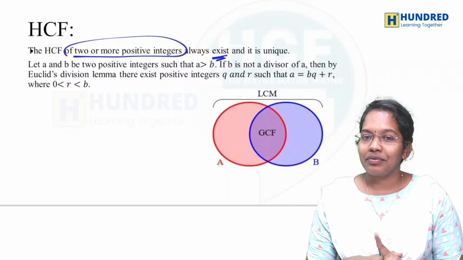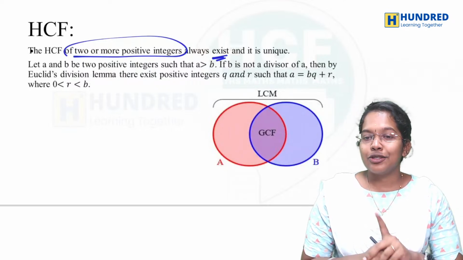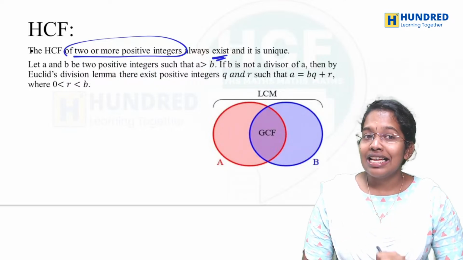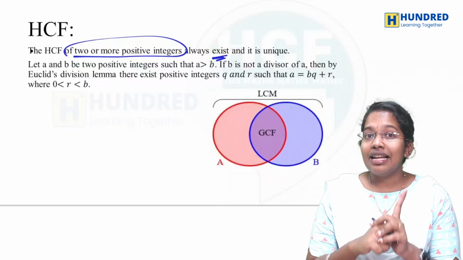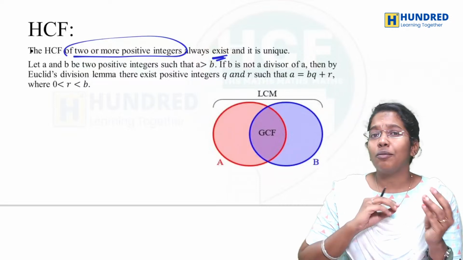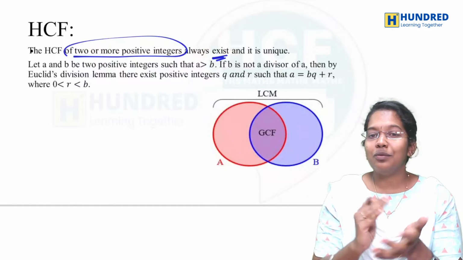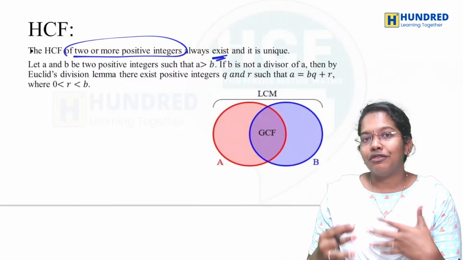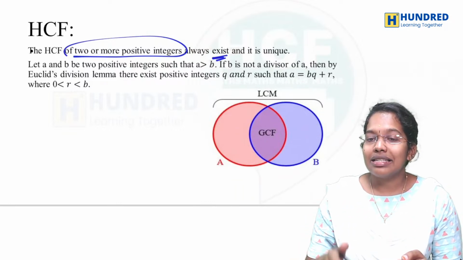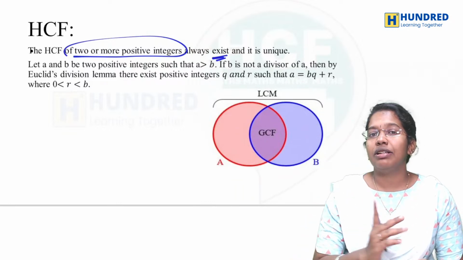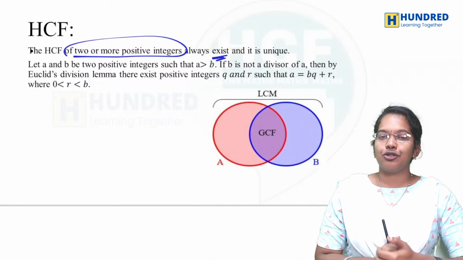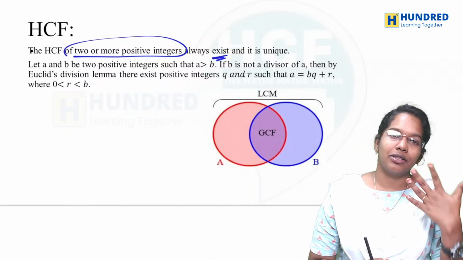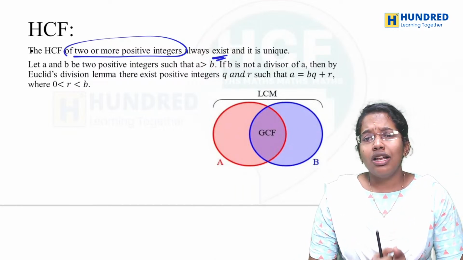It is nothing but 1, right? That's why they say the HCF of any two or more positive numbers will always exist. Even if there are no other common factors, at least 1 will be the common factor for any two or three numbers. And it will always be unique.